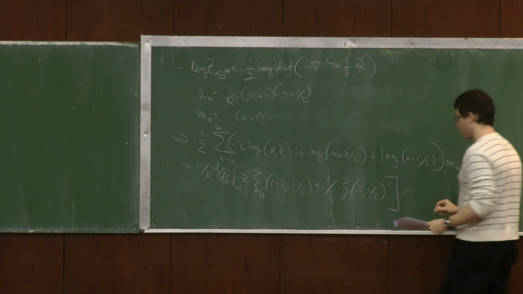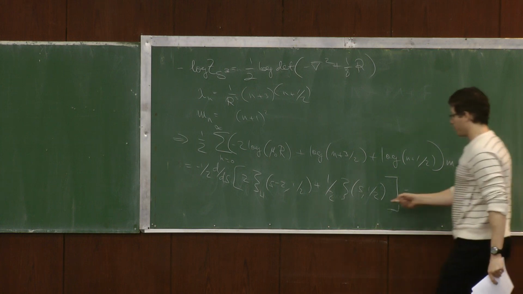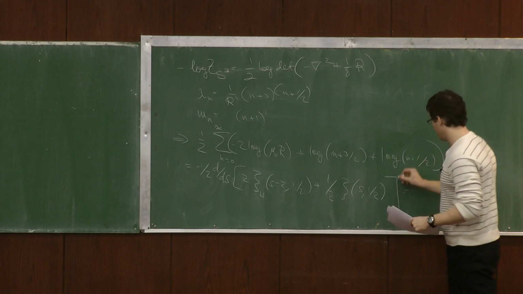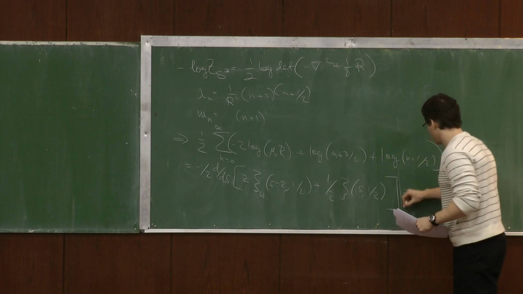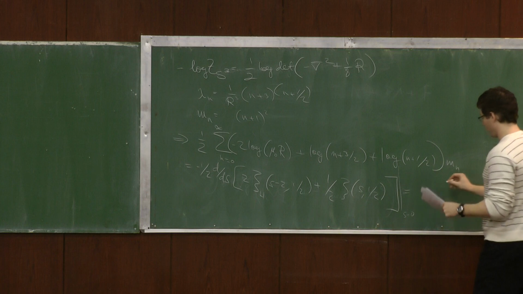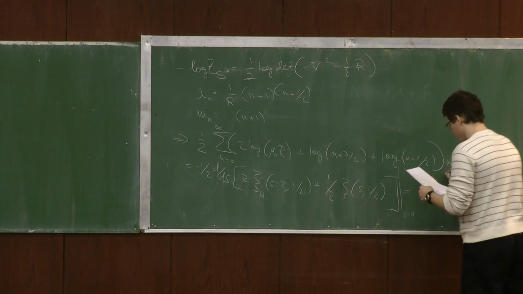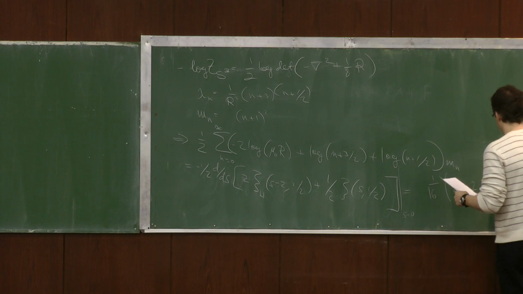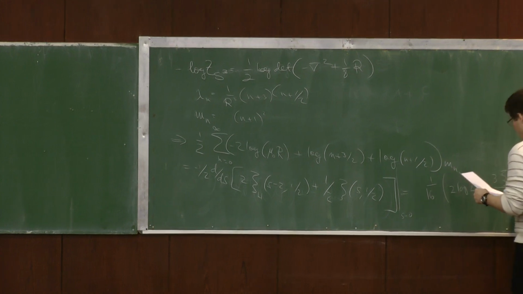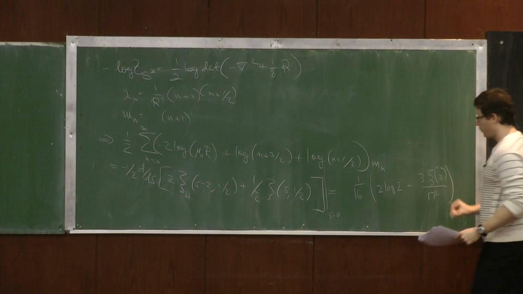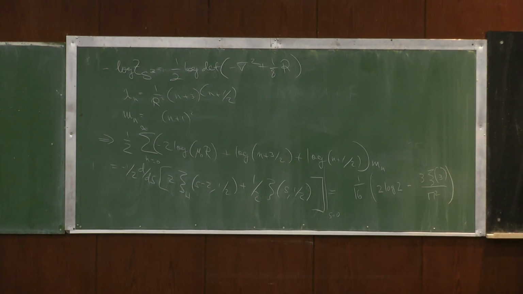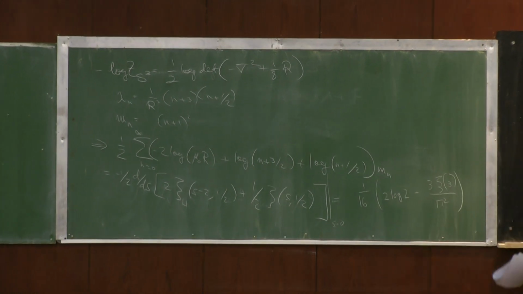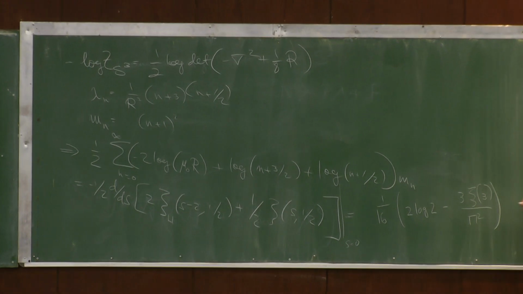You just go to your favorite database for zeta functions. You compute this derivative evaluated at 0, and you get the formula that I already quoted yesterday, which is 1/16 (2 log 2 minus 3 zeta(3) over pi squared). So this is the contribution to this count of the number of degrees of freedom of a single scalar, which is roughly 0.6.